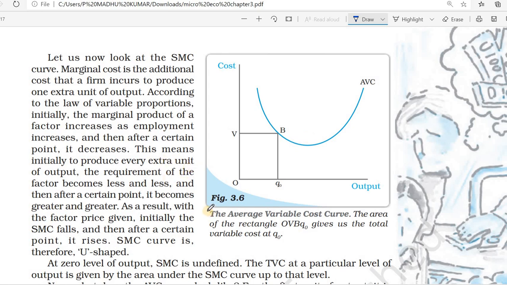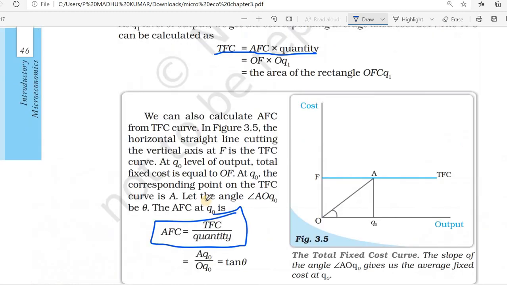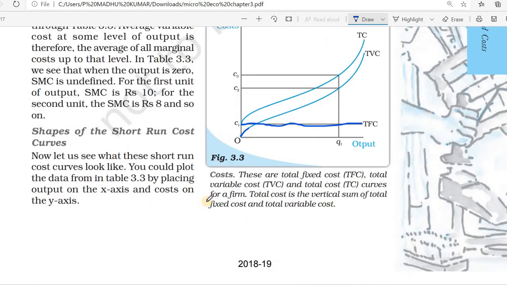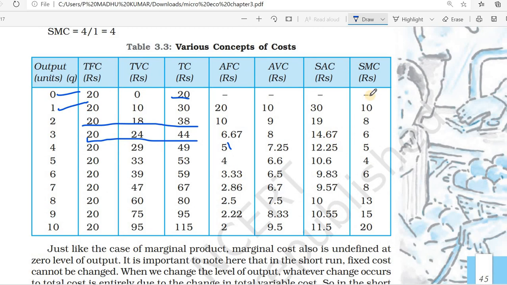Same like that, SMC also. What is SMC? Short run marginal cost curve. That one is also the same. First 30, then 10, 8, 6, 5, then it decreases up to 4 and then it's increasing like 6, 8, 13, 15, 20.